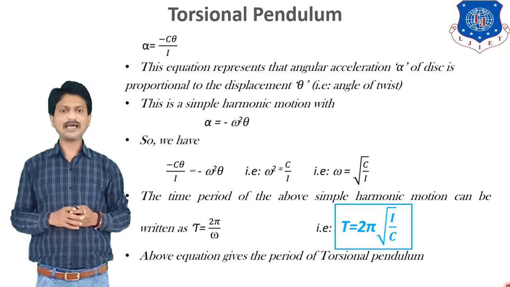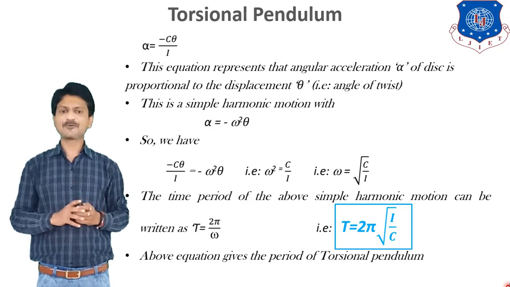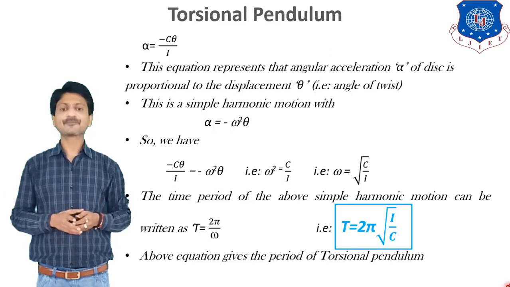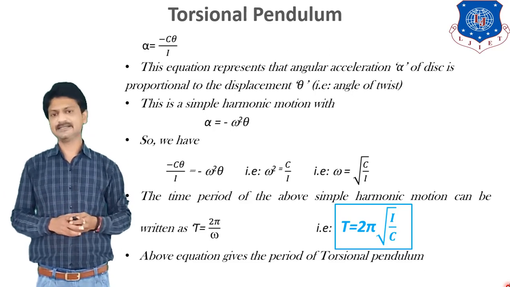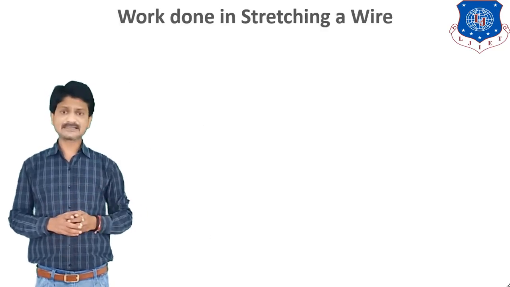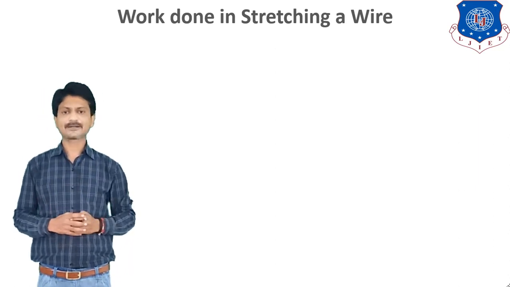T is equal to 2 pi under root I by c, where I stands for moment of inertia and c stands for torsional rigidity. Now, next we are going to discuss the equation of work done in stretching a wire.